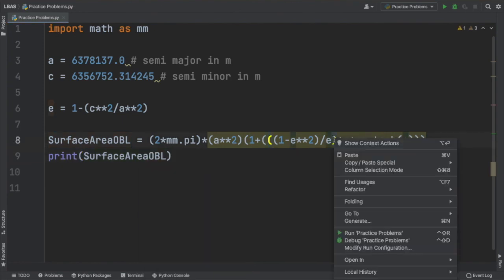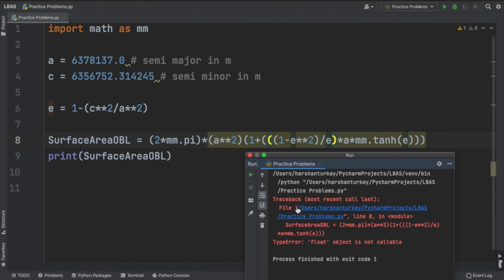Let's run this now. So on line 8, the error is: float object is not callable. I'm not sure what this error means.